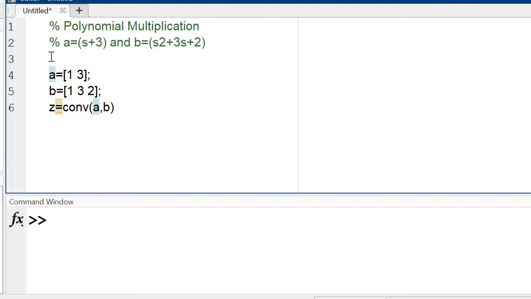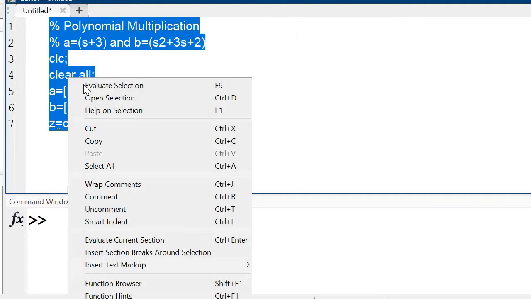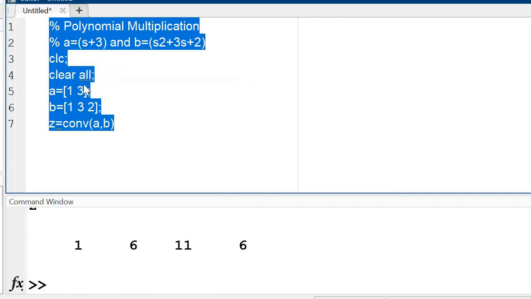Or you can write at the starting CLC. CLC is used for clearing the command window. Clear all is used to clear the workspace.